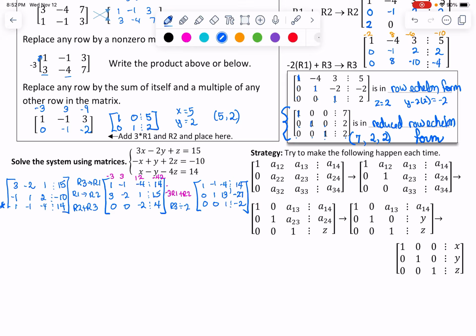So row 1 plus row 2, going back in row 1's row: 1 plus 0 is 1, negative 1 plus 1 is 0, negative 4 plus 13 is a positive 9, and negative 27 plus 14 is a negative 13. Bottom row is pristine, we keep it, we don't want to change that whatsoever.